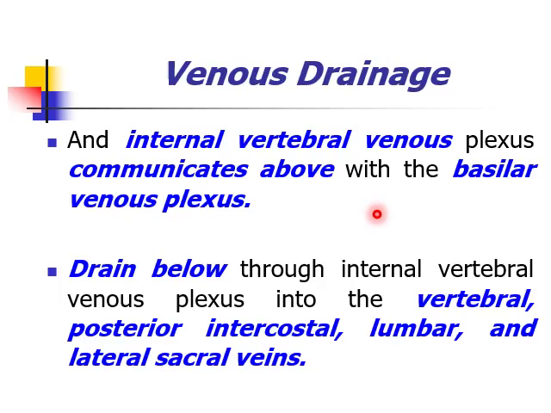This internal vertebral venous plexus communicates above with the basilar venous plexus. This is one of the plexuses, the venous plexuses inside the cranial cavity that would eventually drain into one of the sinuses of the brain.